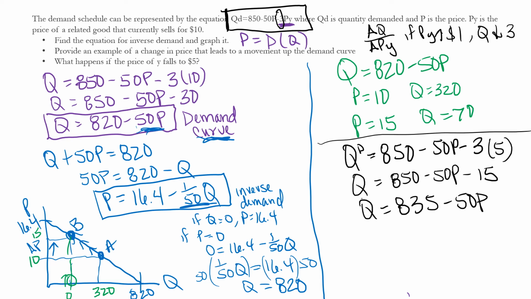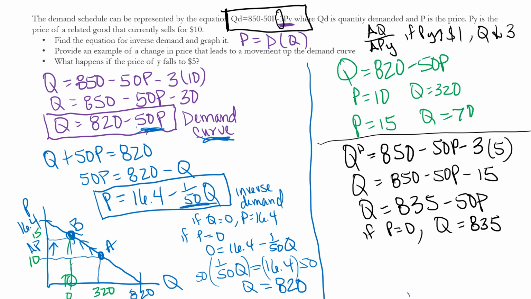I can solve for inverse demand if I wanted to graph it, but I wasn't asked to do that. What happens? Well, now if P is equal to 0, Q is equal to 835, whereas before, if P was equal to 0, Q is equal to 820. So indeed, we saw a 15 increase in quantity, just like we expected.